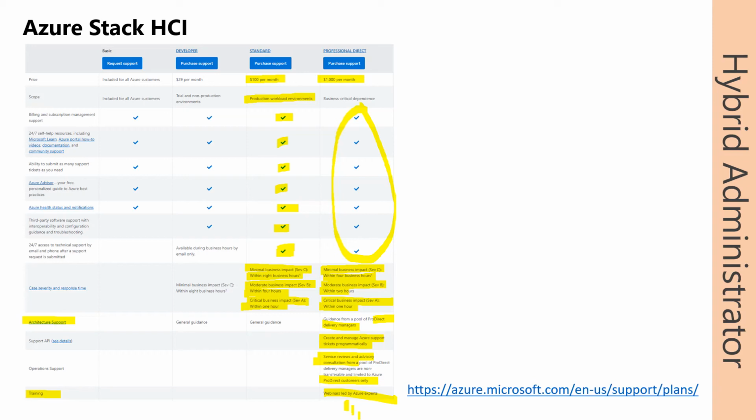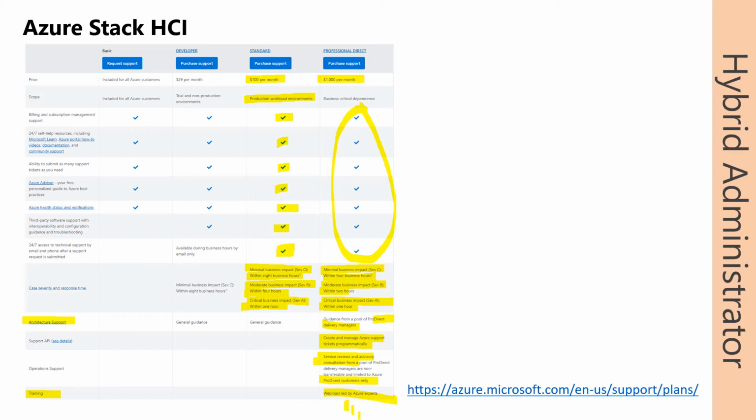So I would absolutely recommend always having the standard support in your subscription, because for $100, this is the best support you can receive for your Azure Stack HCI cluster. And additionally, you have the support from your OEM, from your system integrator, and so on. So this is an additional support plan, on top of everything you have from the partners you are working with, but with $100 for the subscription.